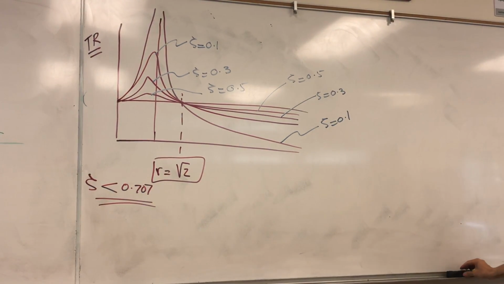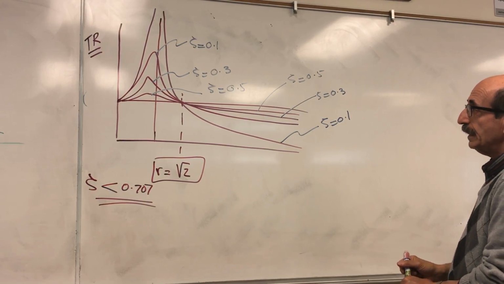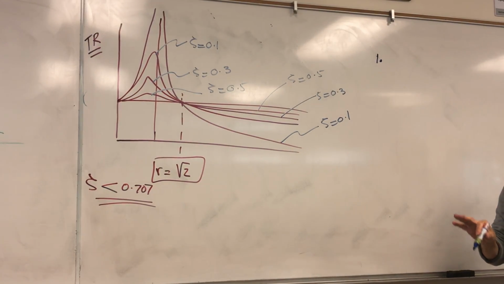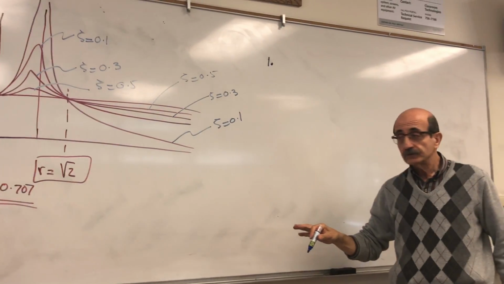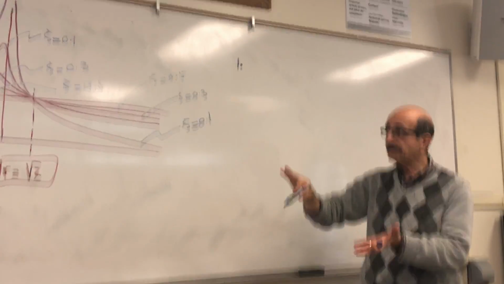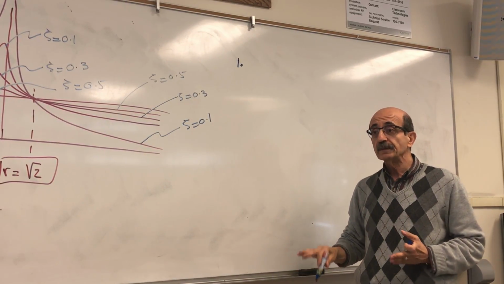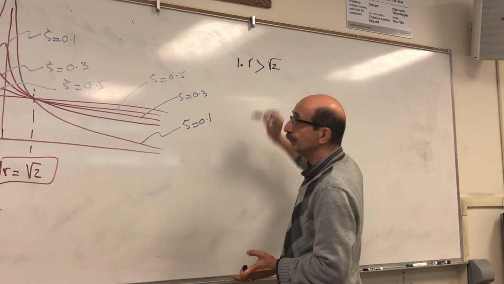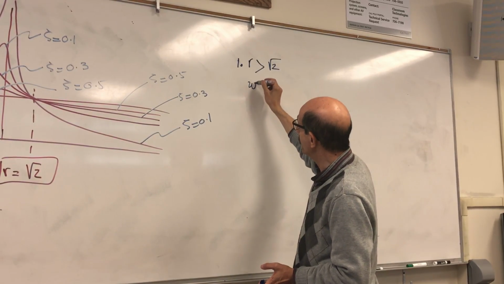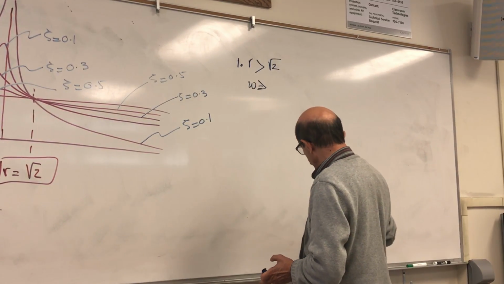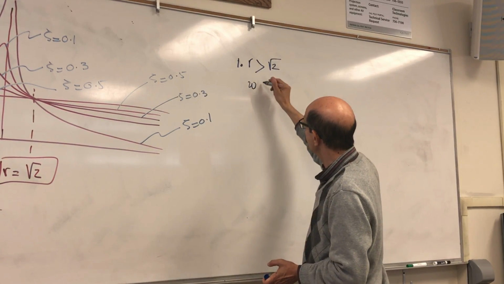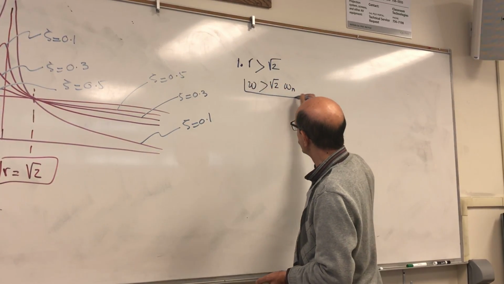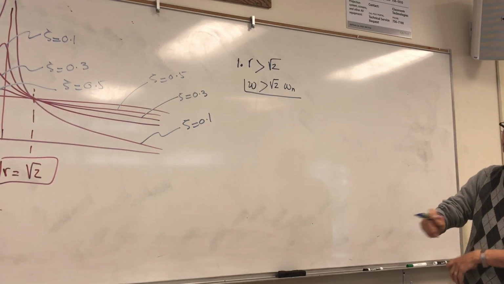First of all, observation number 1: in order to reduce the adverse effect of that forcing function on the foundation, or reduce the transmissibility ratio, r should be greater than square root of 2, or in other words, omega should be greater than square root of 2 omega n. That's the first observation you make.